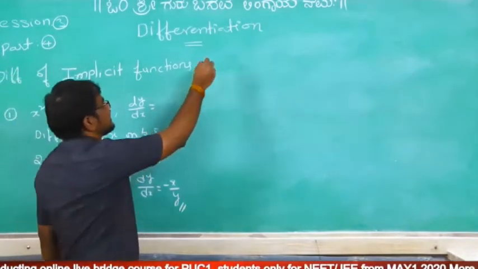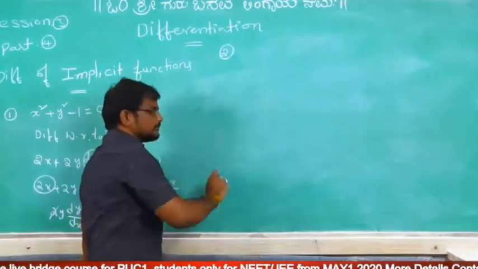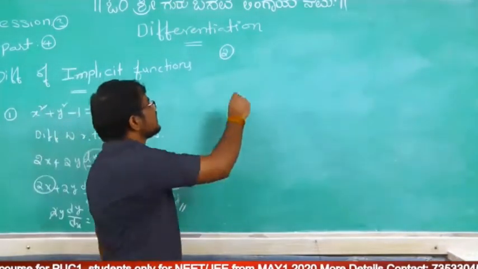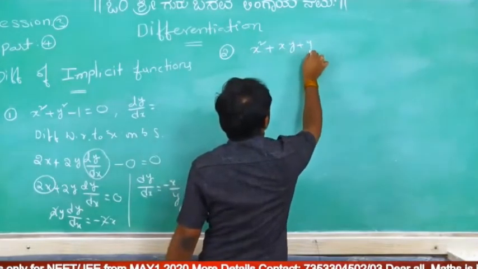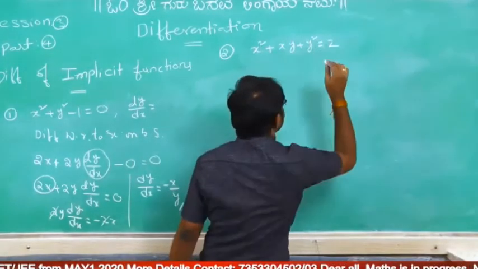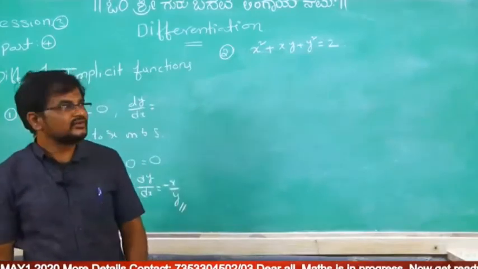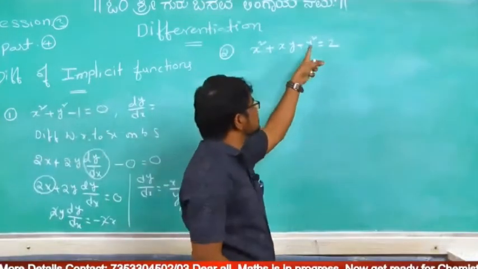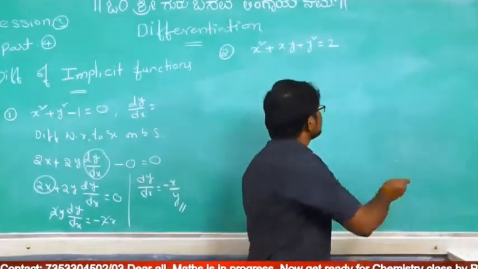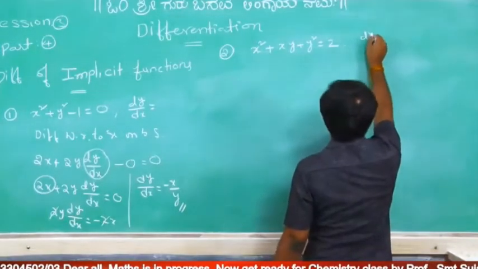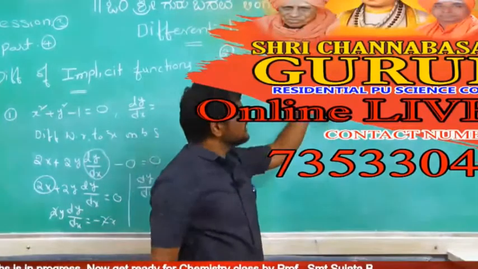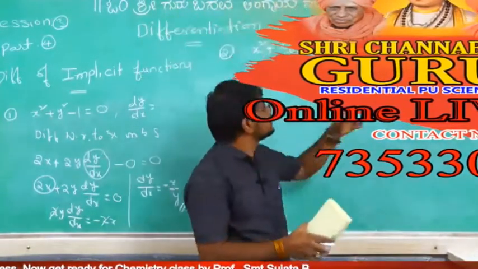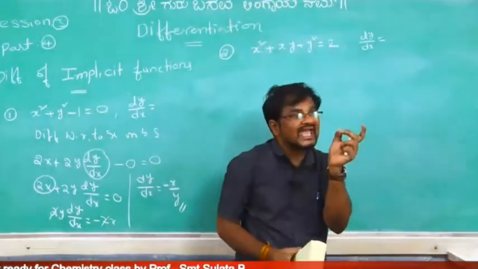Now if you take one more example, x square plus xy plus y square equal to 2. So differentiation of this implicit function we have to do. So they will ask find dy by dx. dy by dx means differentiate with respect to x only.